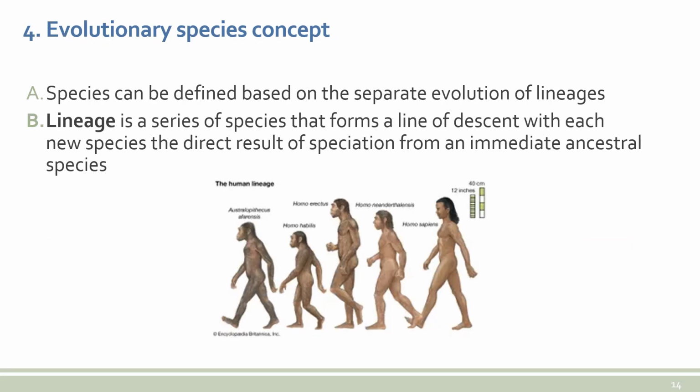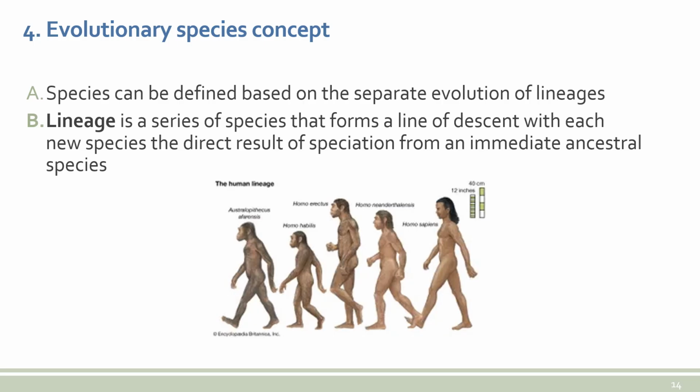Our final species concept is the evolutionary species concept. This one is very strongly related to phylogeny, which is our next chapter in Biology 102. The evolutionary species concept defines a group by its evolutionary lineage.